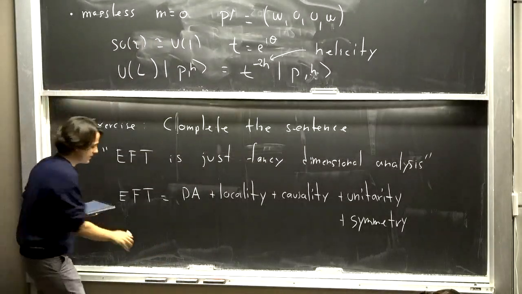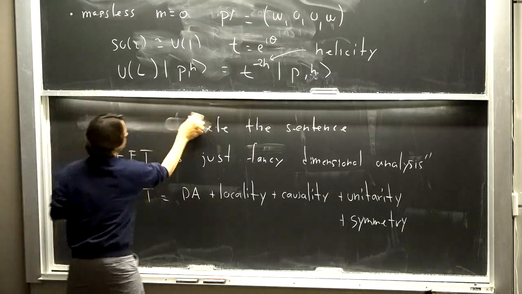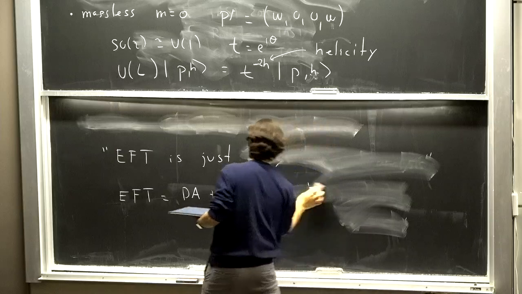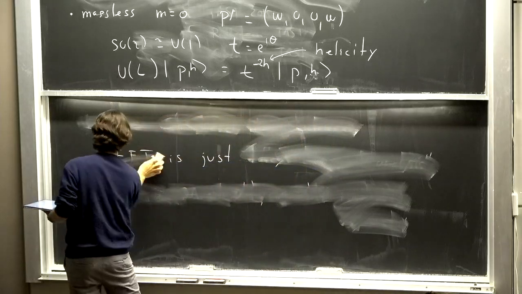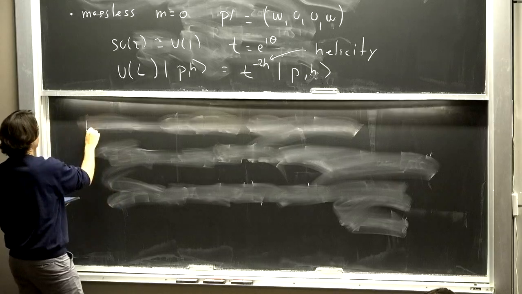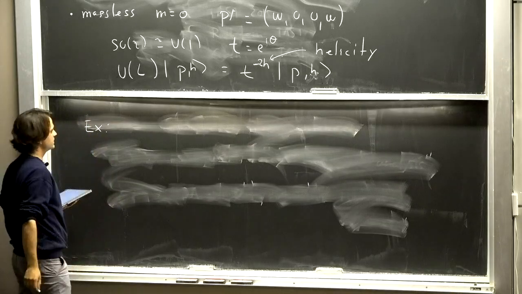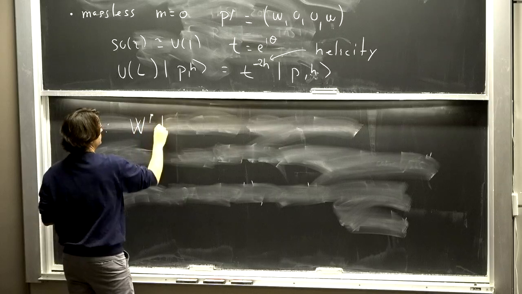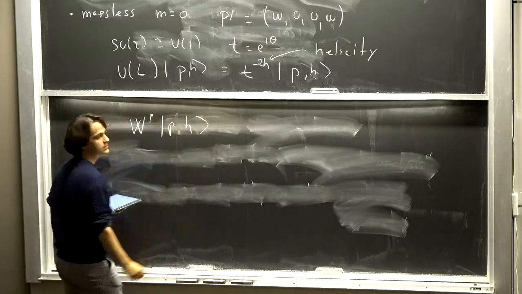All right, let me give you a couple of exercises if you want to have fun. The first one is, if you go to this Pauli-Lubanski vector, you can show that this also tells you about the helicity.